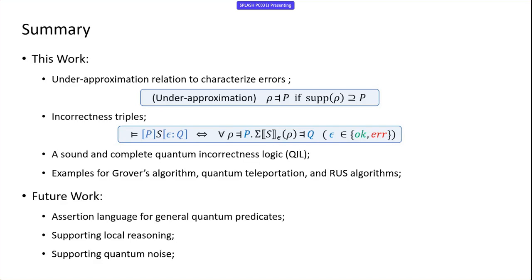But if you choose other, more complex predicates, you can't guarantee that. This is the most important reason why much research on this topic restricts predicates to be projective. Especially when you want to verify the assertion at runtime, you don't want the assertion to collapse the state, so you have to choose the projection.